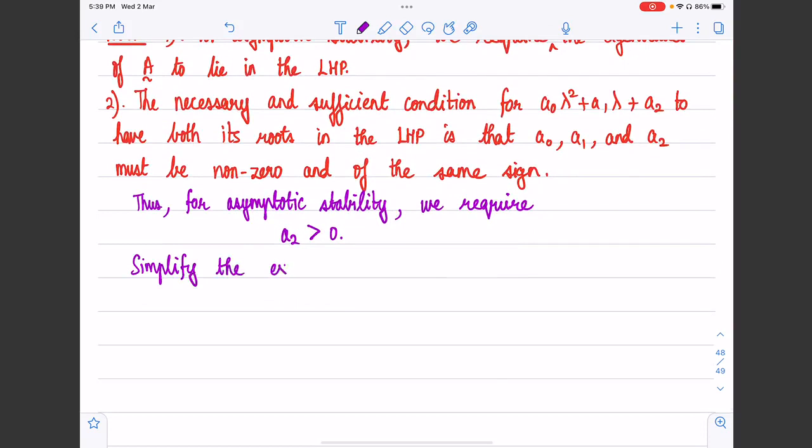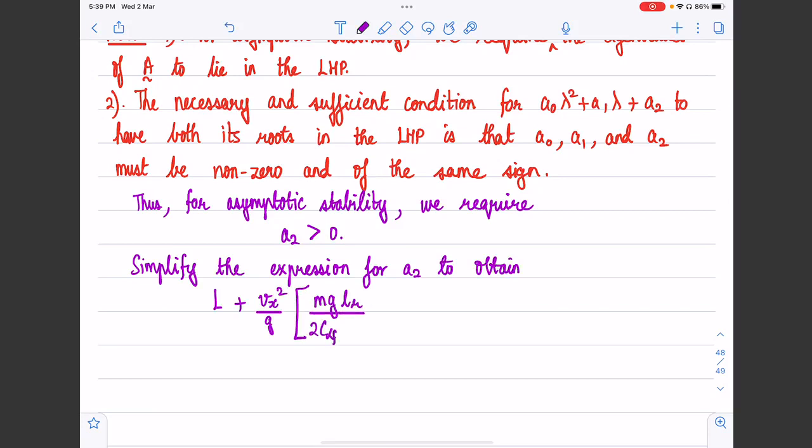Simplify the expression for A2 to obtain L plus Vx squared by G times mg LR divided by 2C alpha F L minus mg LF divided by 2C alpha R L. This is greater than 0.